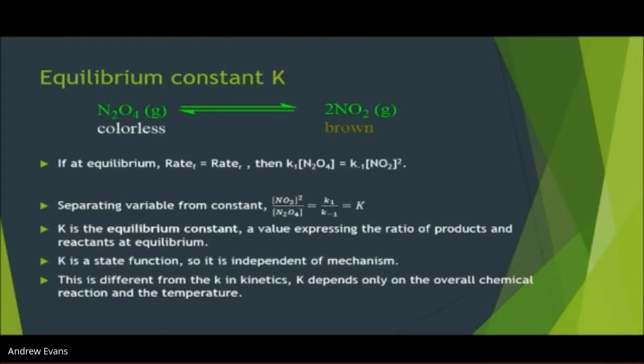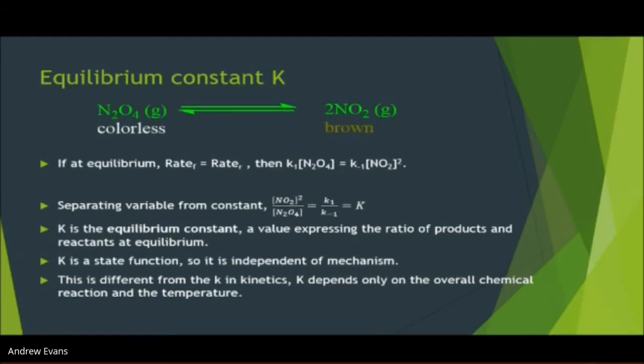The thing about the equilibrium constant is that it doesn't matter how many steps are between N2O4 and NO2. It only depends on the final product and the final reactant. Only those two things, which will make K a little bit easier to calculate.